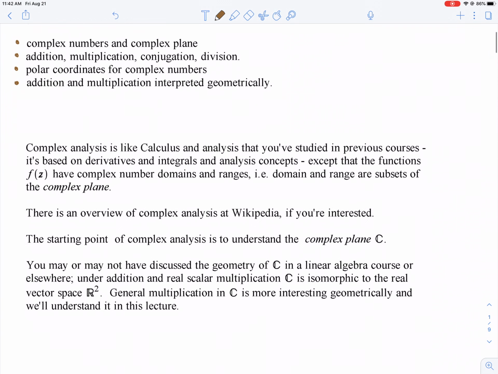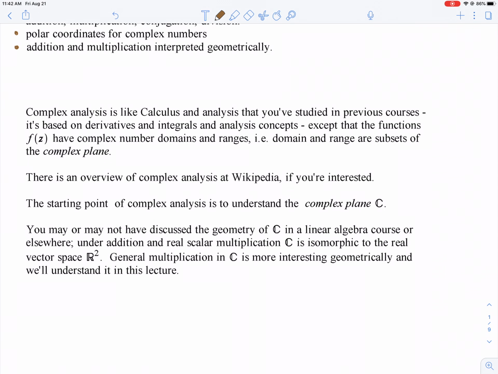Okay, so complex analysis is a foundational course in mathematics, physics, and a lot of science. In some ways, it's just like calculus because you're studying derivatives and integrals. And this is a rigorous course, so we'll use analysis such as you learned in 3210 and 3220.